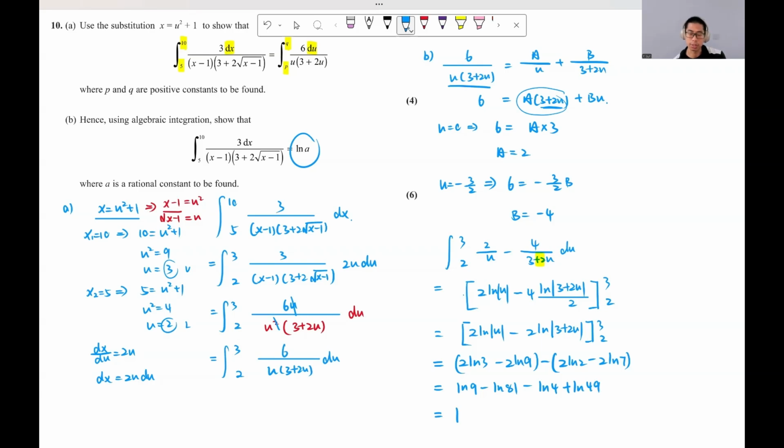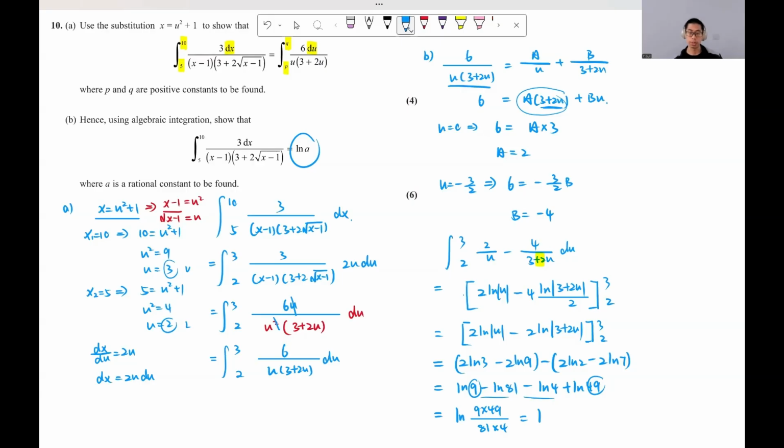Simplifying this, we know for logarithms with the same base, if it's minus a logarithm, we can divide the numbers, and when it's plus a logarithm with the same base, you can multiply the numbers. So I will do 9 times 49 first. And because those two are minus and minus, I will divide by 81 and also 4. So 9 times 49 divided by 81 and 4 will be 49 over 36.